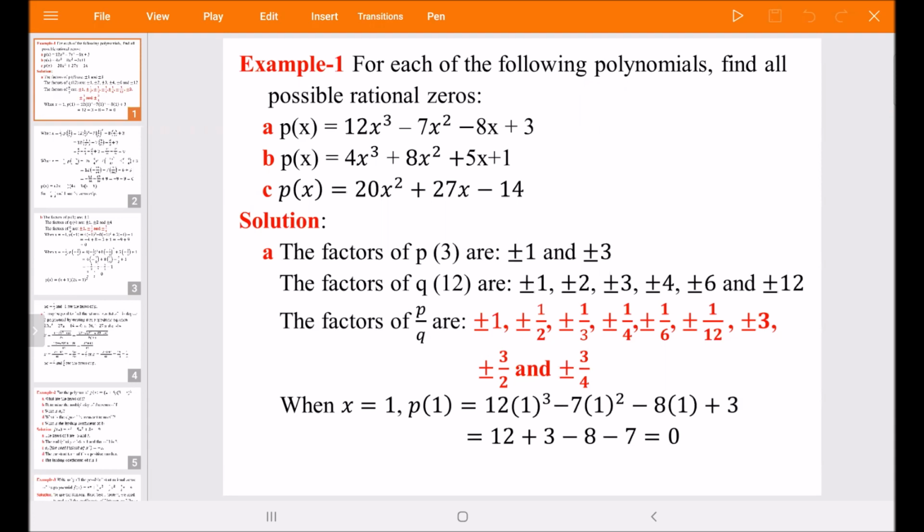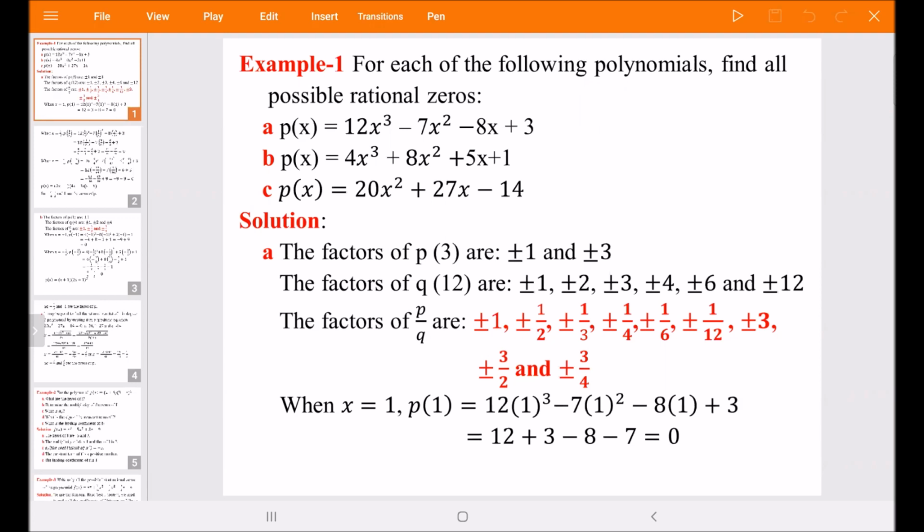The second theorem is the rational root test theorem, and it is basically used to find the rational zeros of a polynomial if they exist. The main idea behind this theorem is that first, make sure all the coefficients of the polynomial are integers, because this theorem can be used only if all the coefficients are integers.